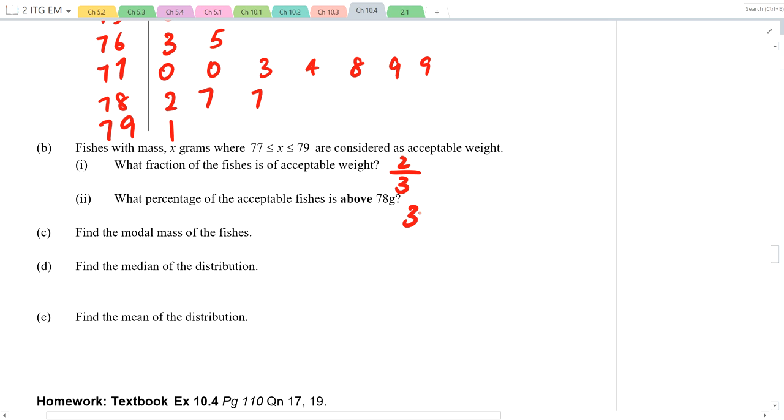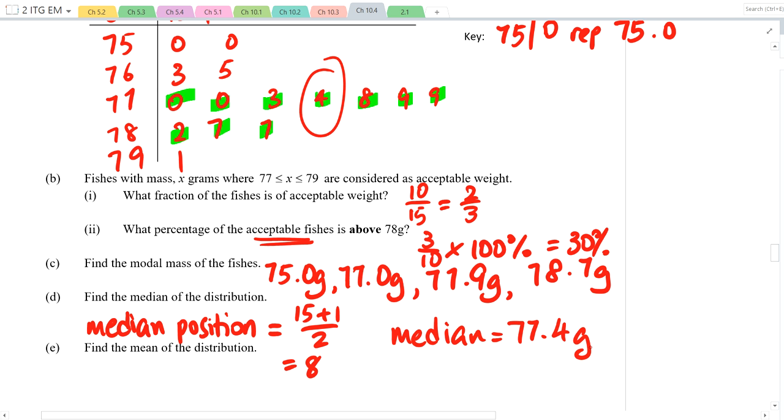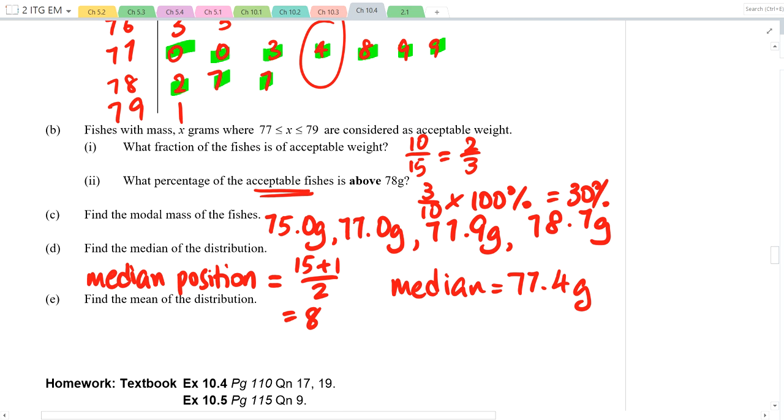Part 2, 30%. Find the mean. So we add everything up. 1159.8.